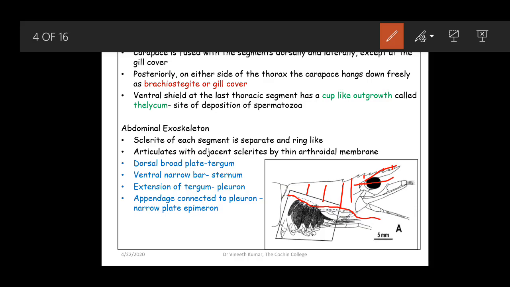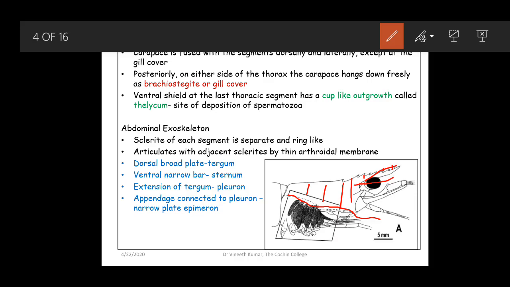Below this dotted line, the carapace is not fused with the body wall, and as a result there is a small space between the carapace and the body wall, which is referred to as the gill chamber. This region of the carapace which is not fused with the body wall is referred to as the branchiostegite or the gill cover.